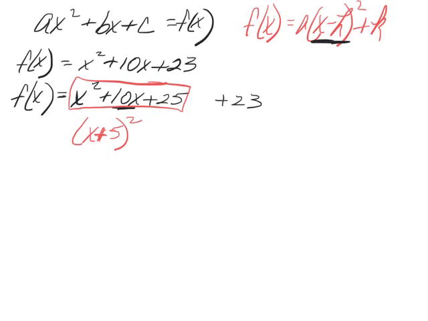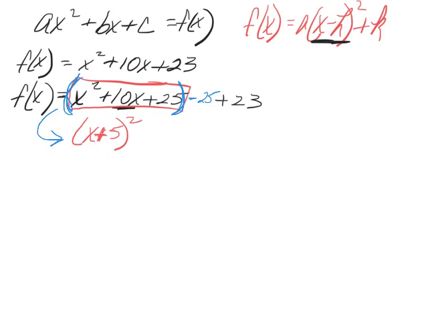Well, you can't just do that. So we're going to take that, put parentheses around it, and that means we can get that there. Because we added 25, then on the outside of these parentheses we're going to subtract that same 25.